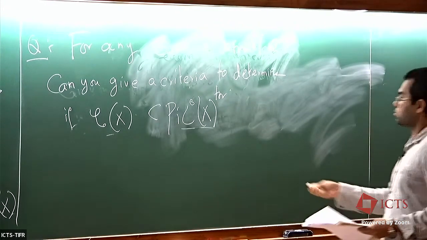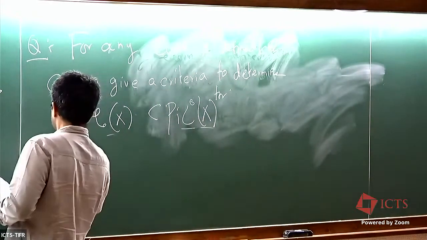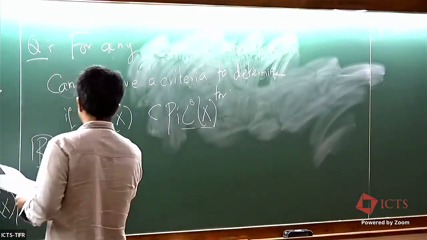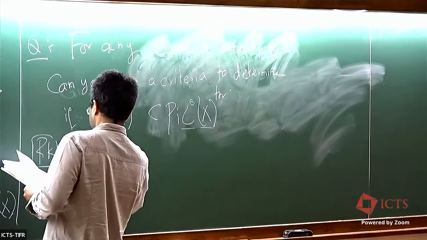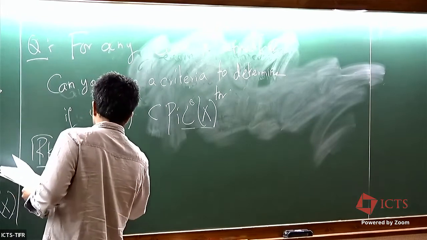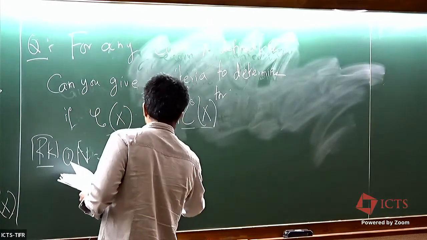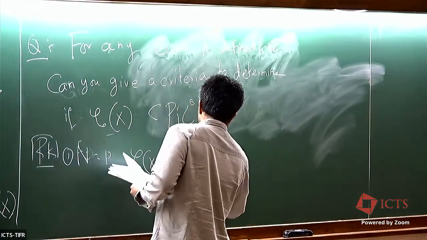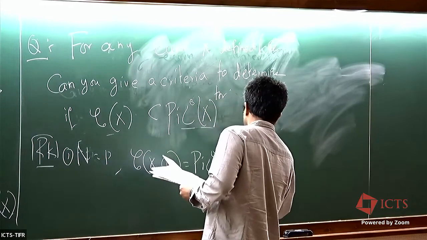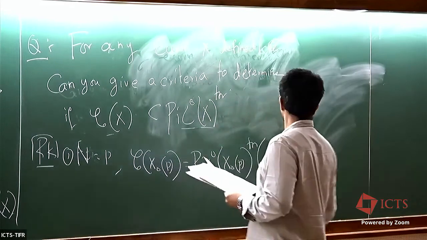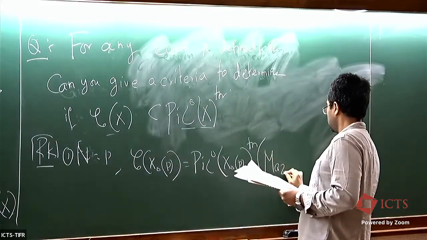So a remark on why it is called Manin-Drinfeld: for gamma naught of n, we take n equals to p, naught p equals Pic naught of X naught p torsion, and this is a famous theorem due to Mazur.